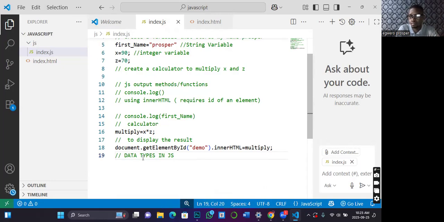In JavaScript or in programming generally, so that you will not limit it to only JavaScript, the term data type is used to describe the type of information a programming language can work with. Let's practicalize it that way.